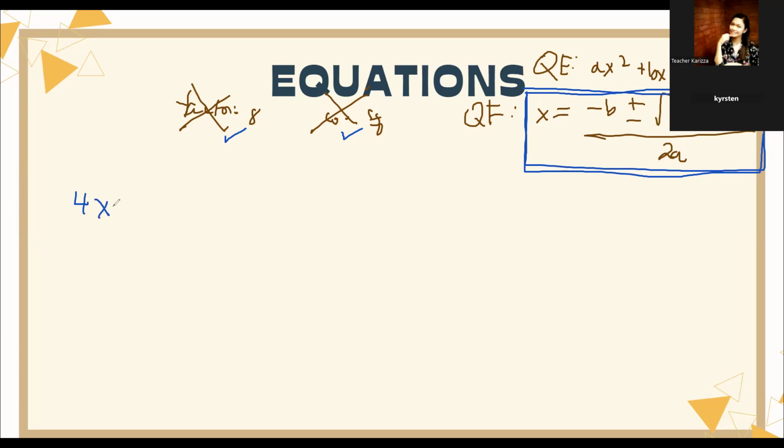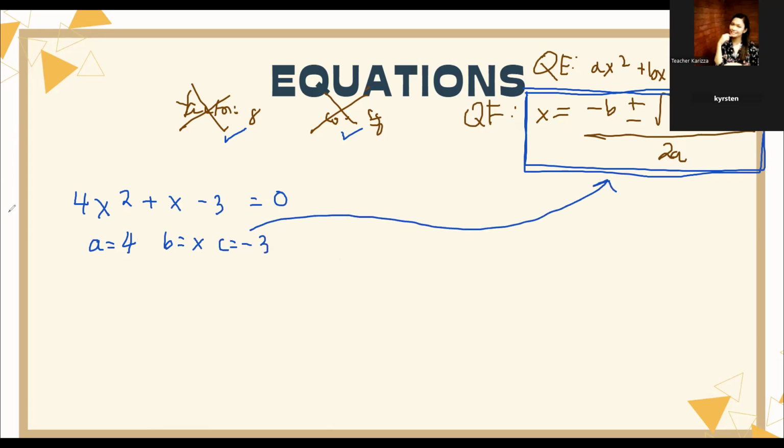We have 4x squared plus x minus 3 is equal to 0. This one is already in the quadratic equation format. So we just have to identify our parts. A is 4, B is 1, and C is negative 3. So just plug them in to your equation.